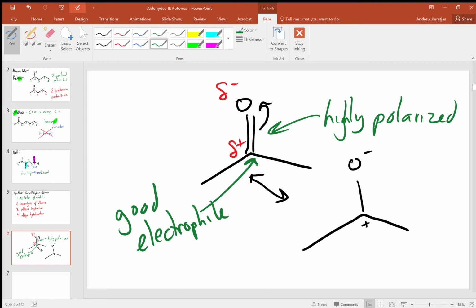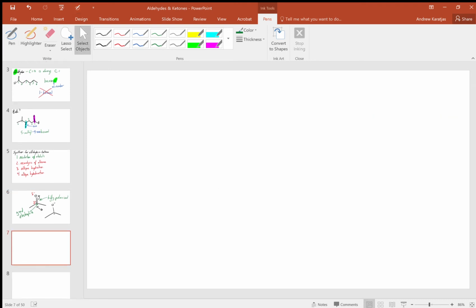Now, of course, not every carbonyl is going to be of the same level of reactivity, and there are different things that can control it. In most cases, aldehydes are better electrophiles than ketones. So what are some of the things that have control over how good of an electrophile a carbonyl is?